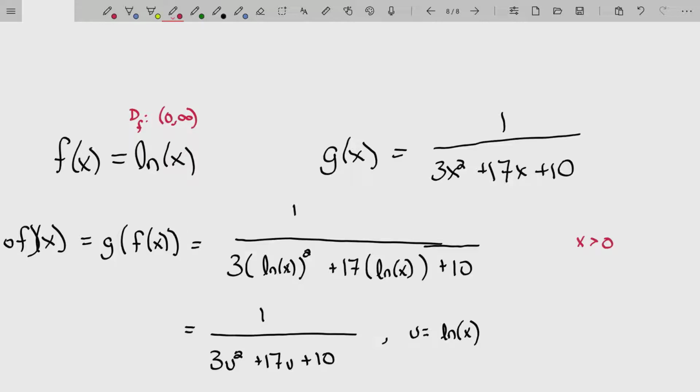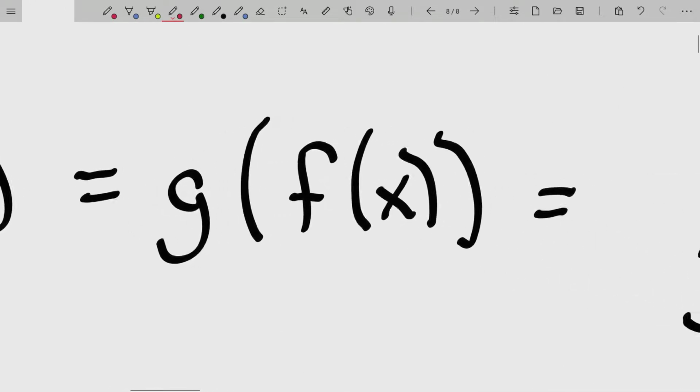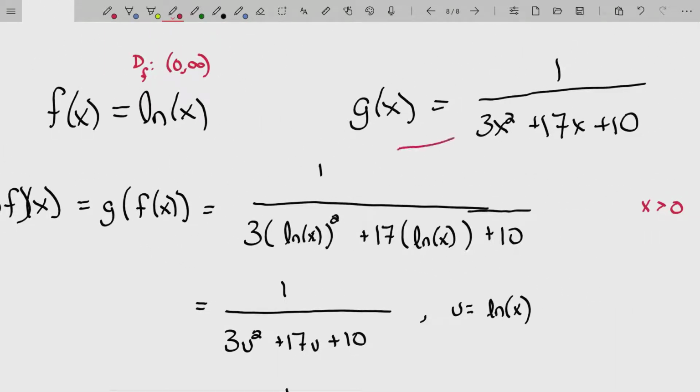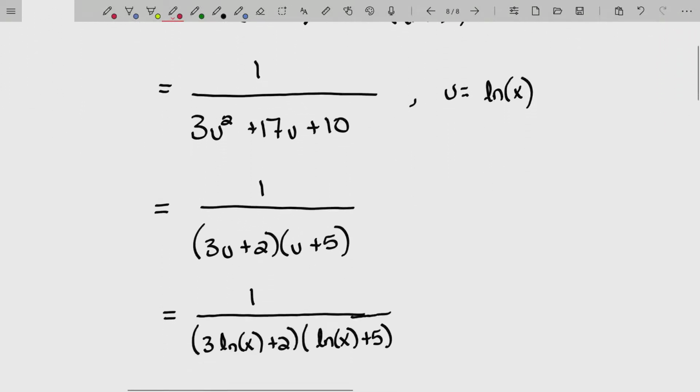Now, we take a look at the next step, and the next step just requires, when we look at the outer function, g here, g is that rational function, and when we plug the natural log into it, we have already simplified down to this business right here.